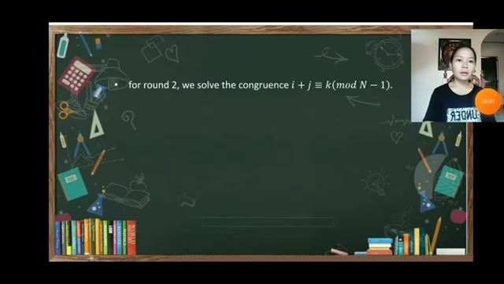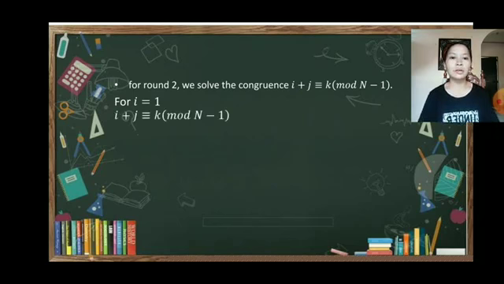So, for round 2, we solve the congruence i + j ≡ k mod (n − 1). For i = 1, the formula we will use is the same as before, i + j ≡ k mod (n − 1).